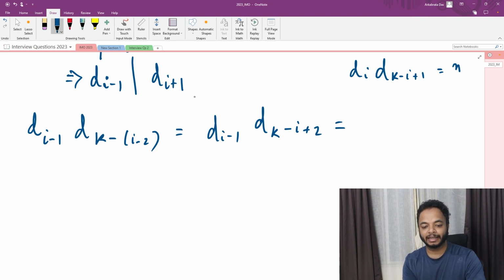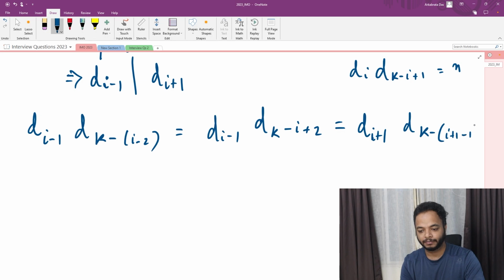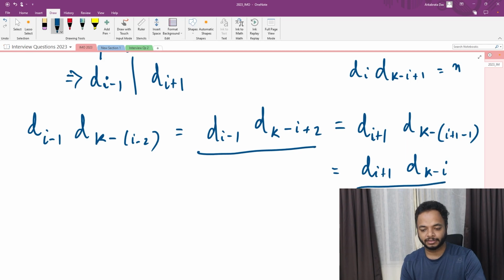Now I know that d(i-1) divides d(i+1), so I'll try to use that. So I can write d(i+1) will combine with d(k-i+1-1), which is basically d(k-i), to give the product n. Now try to utilize these two.